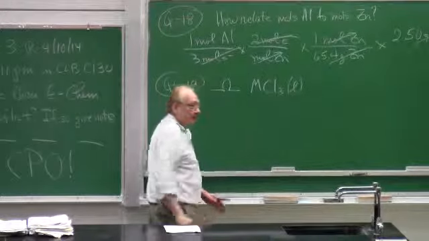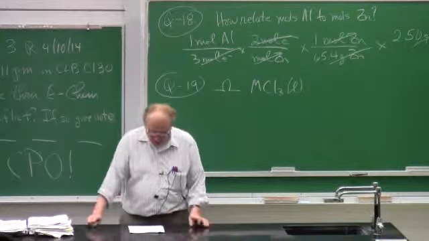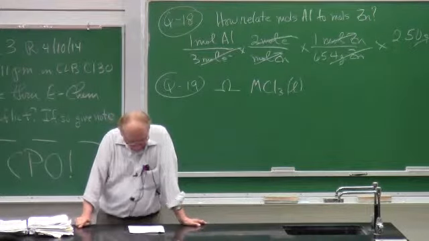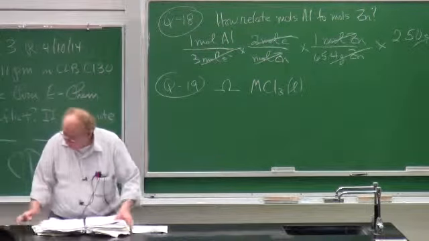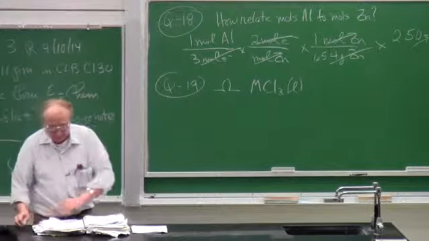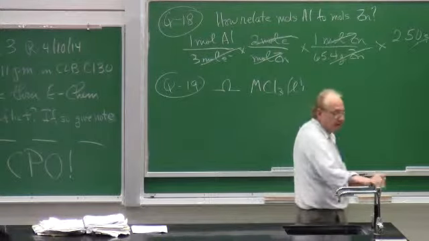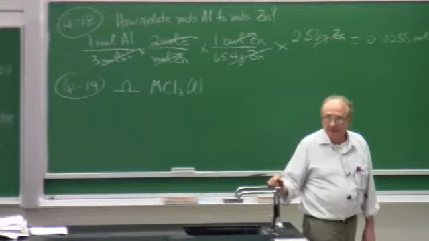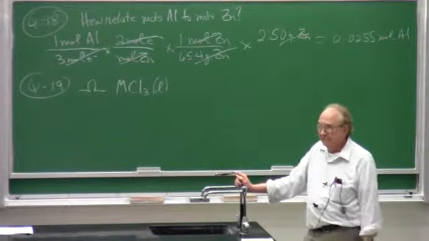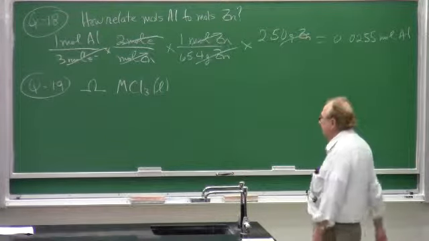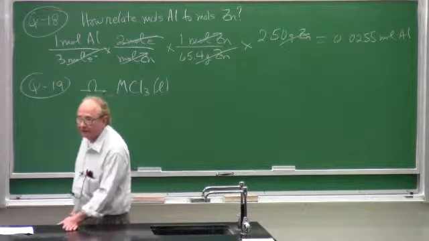19 involves the electrolysis of a molten metal chloride with the general formula MCl3. What you're supposed to do is to take the data supplied with the statement of question 19 and see if you can figure out which metal is part of MCl3. Now then, what property of the metal will you have to compute to identify the metal?